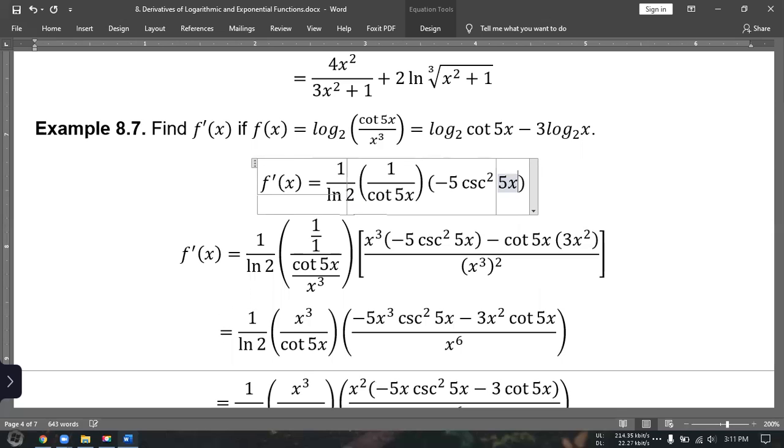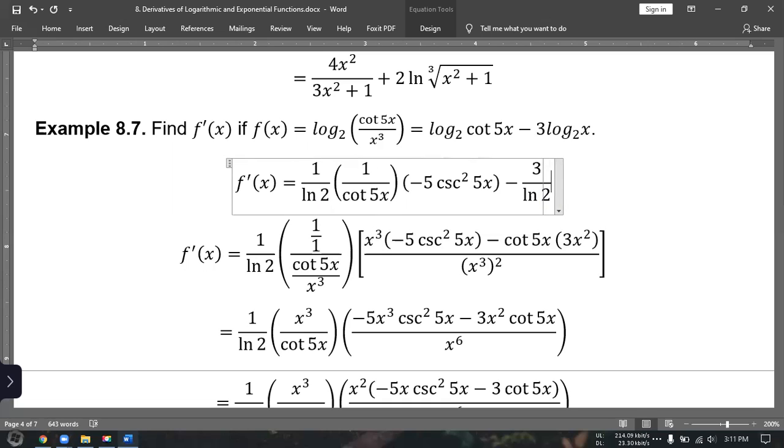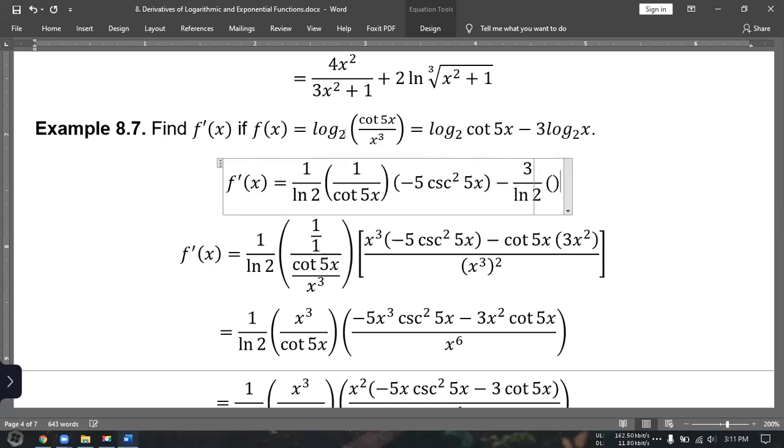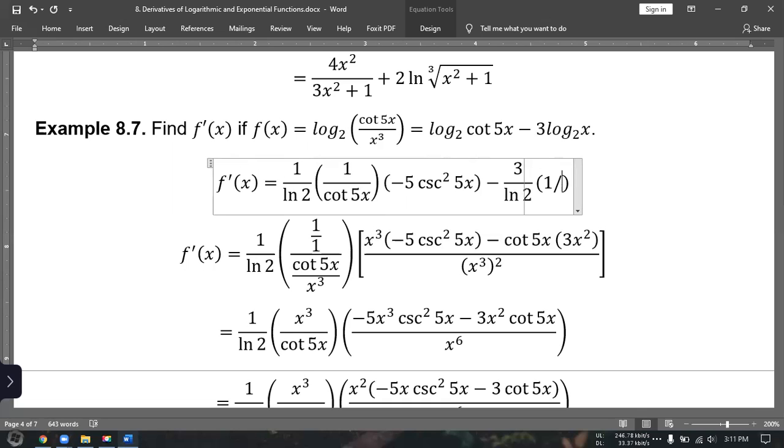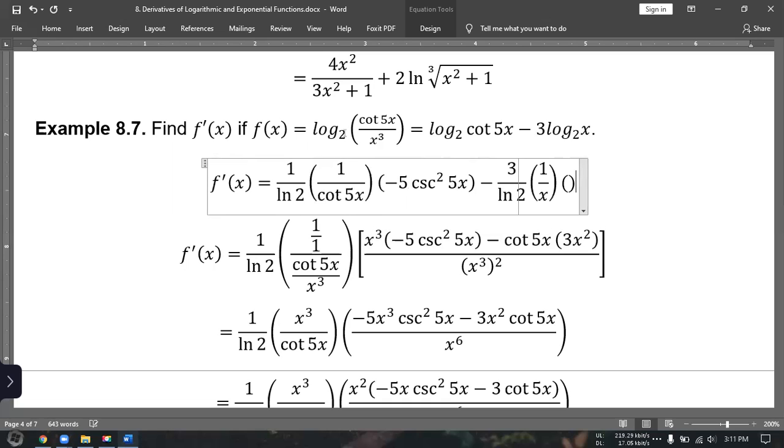This is the du. Then same, we have 3 over natural logarithm of 2 times 1 over x, 1 over x times the derivative of x, which is just 1.